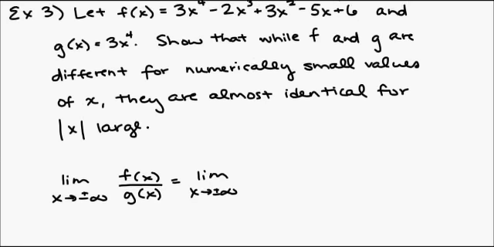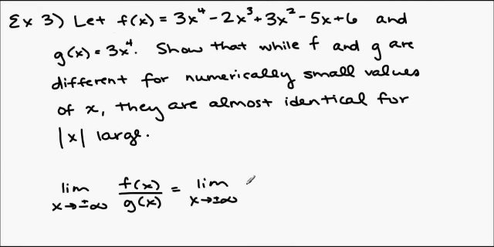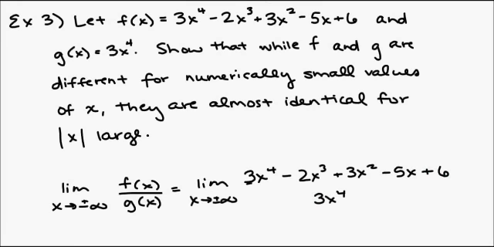So f of x is 3x to the 4th minus 2x cubed plus 3x squared minus 5x plus 6, and this is over 3x to the 4th.